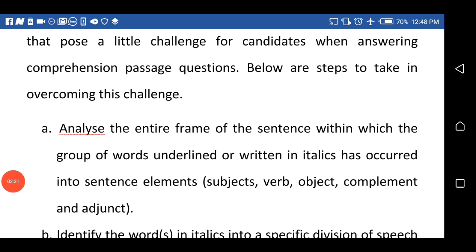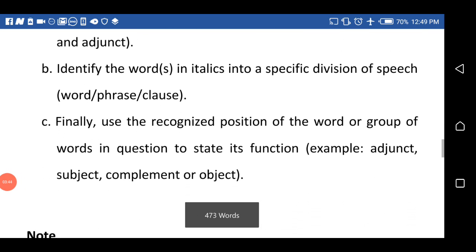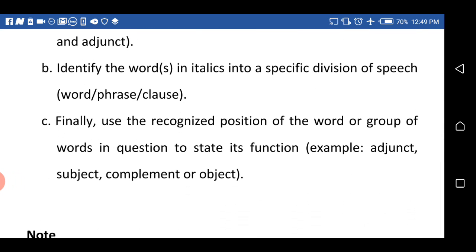A. Analyze the entire frame of the sentence within which the group of words underlined or written in italics has occurred into sentence elements. That is, either the subject, the verb, object, complement, and adjunct. B. Identify the words in italics into a specific division of speech: word, phrase, or clause.